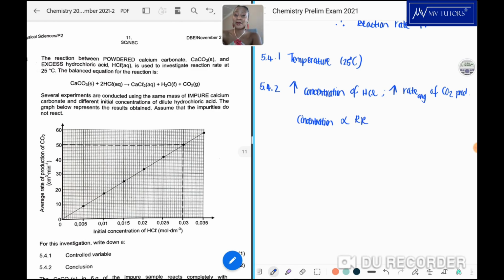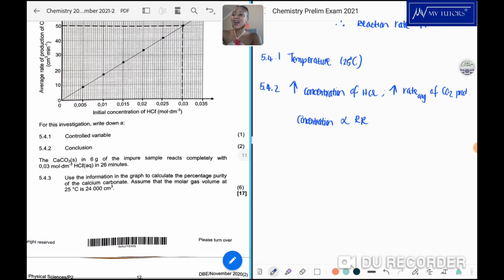Remember concentration, you also have temperature. When you increase temperature, you increase the rate of reaction. We have surface area as well. So you can comment on what actually affects the rate of reaction. In this case, since we have concentration that we have measured, when you increase the concentration, your rate of reaction increases as well.